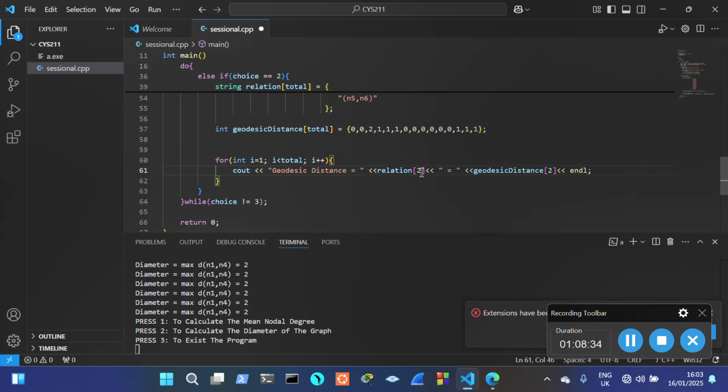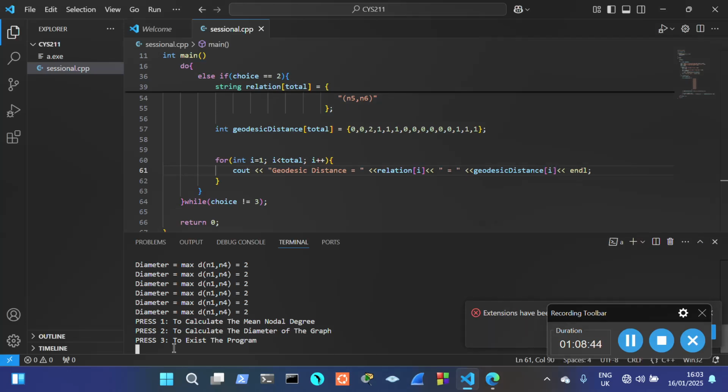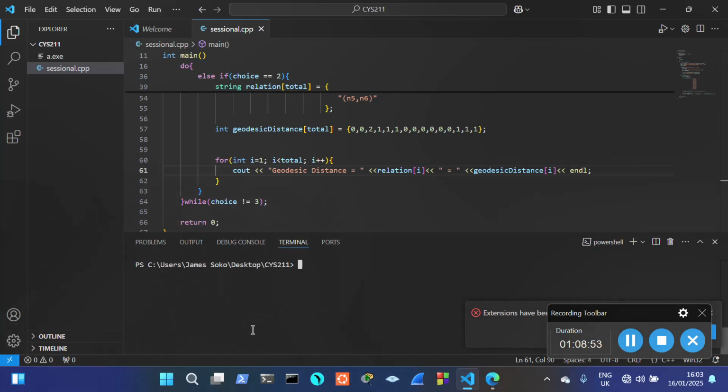Remember, here we need to press with an I because we're using I, and here again we need to press with an I. Then I'll say Control S to save this project. Here I can just exit the program by saying 3. Once the program has exited successfully, I can run it again by saying g++ and that name.